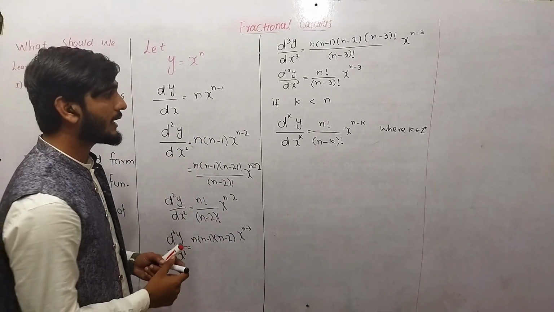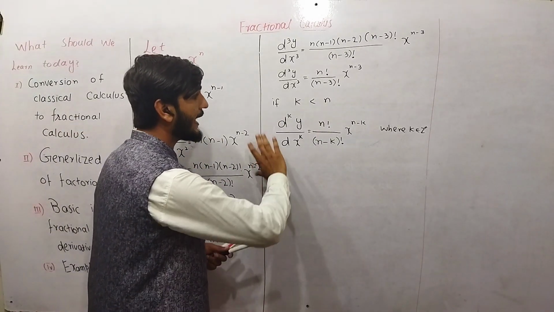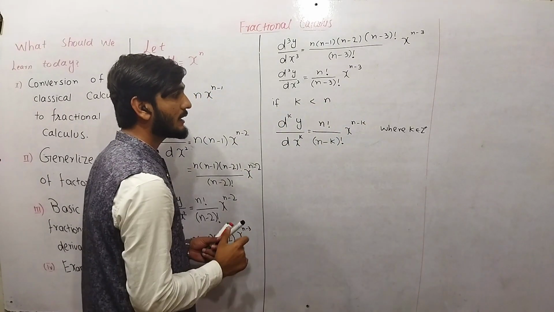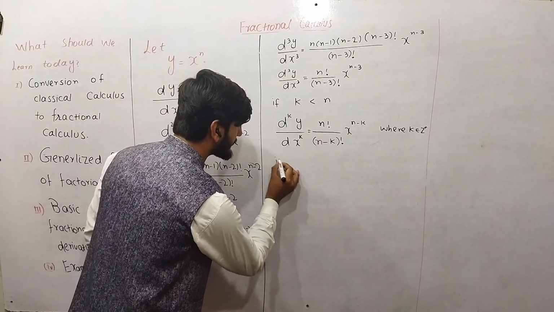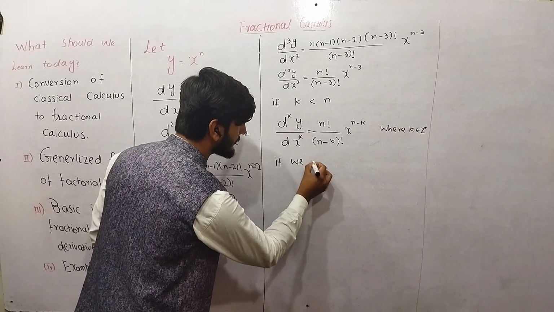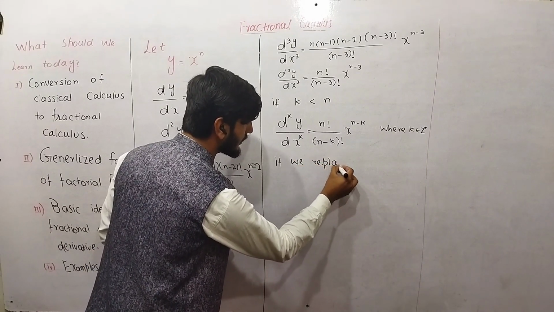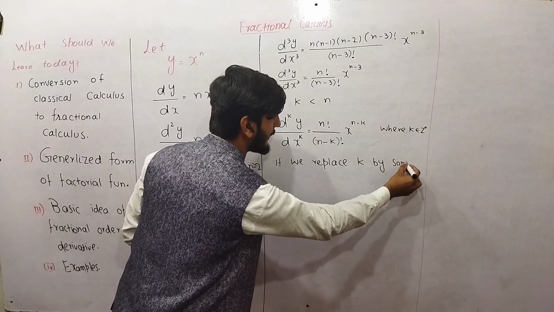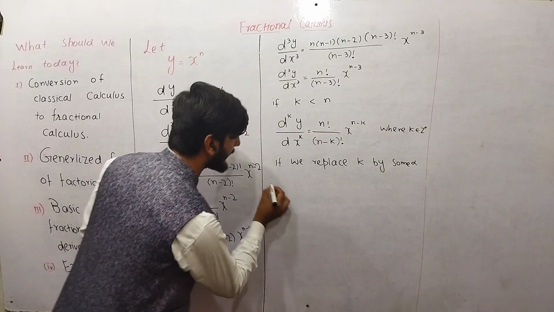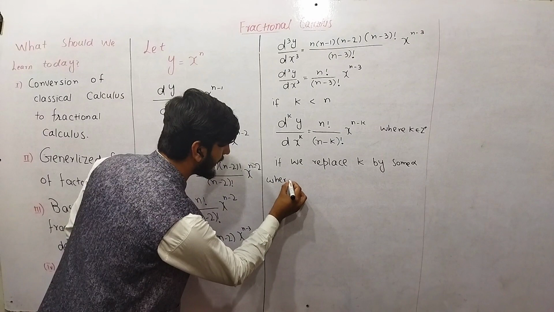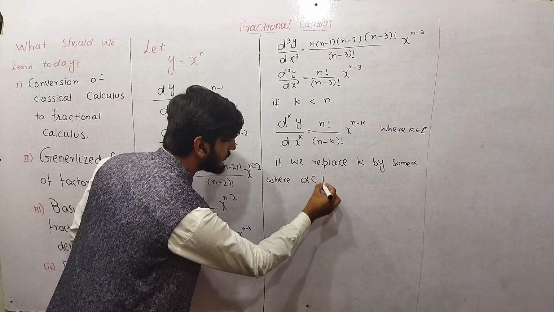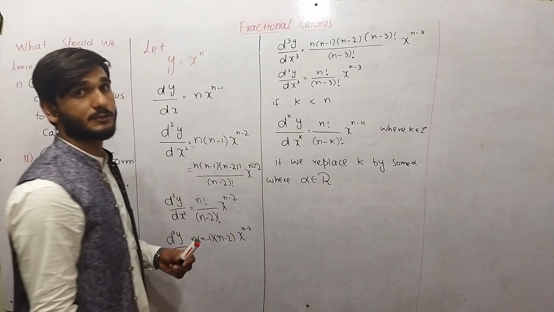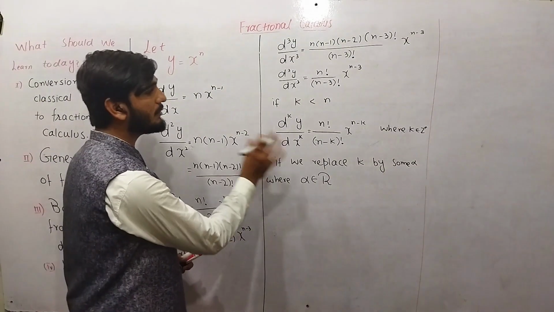Okay, let me write its generalized form: if we replace k by some alpha, where alpha belongs to real numbers, then what will be the result?